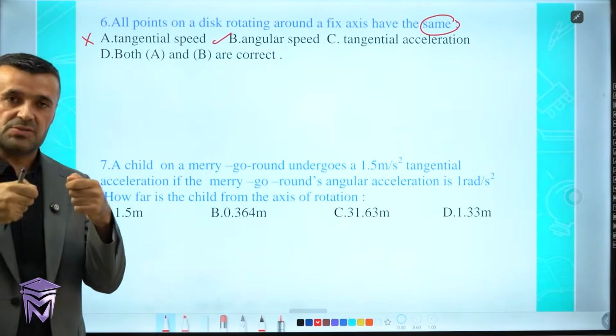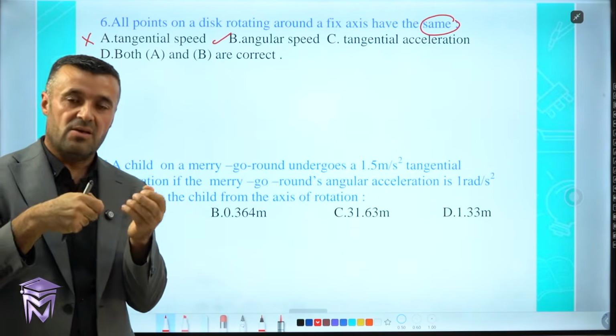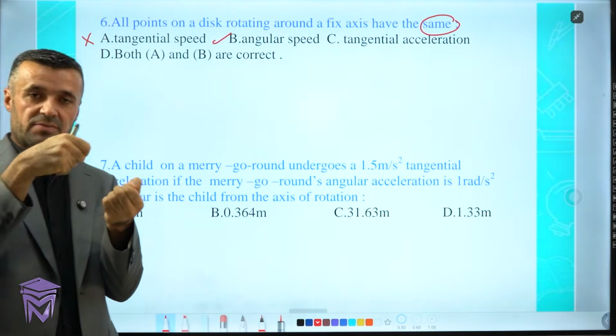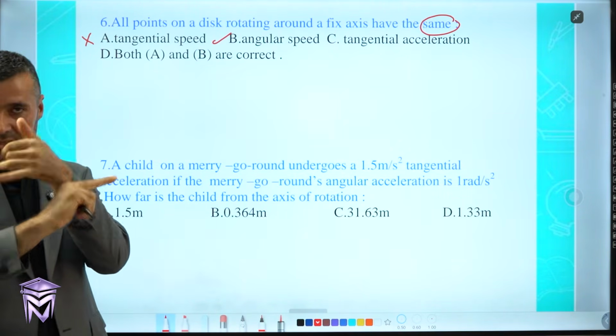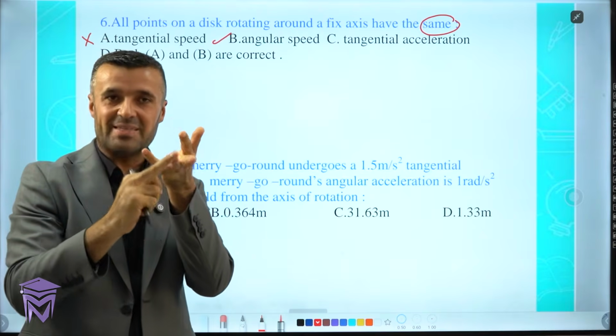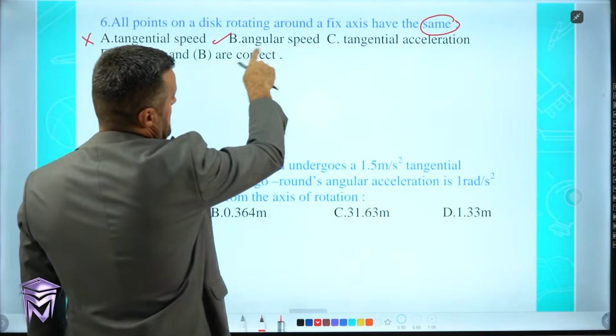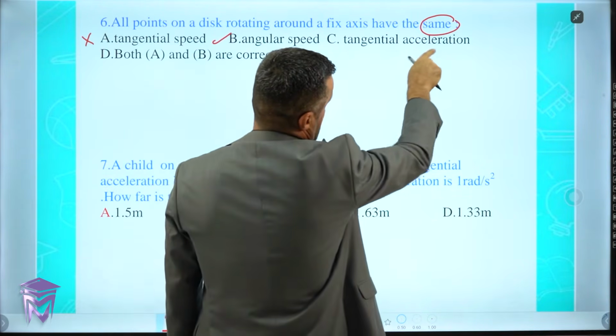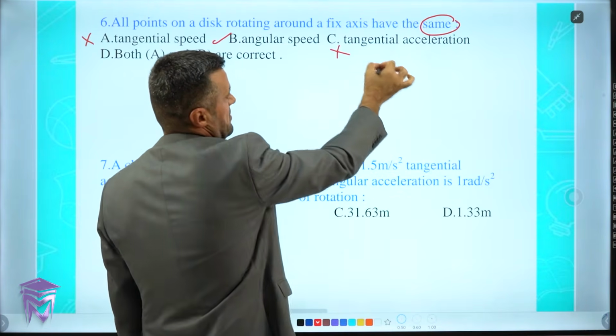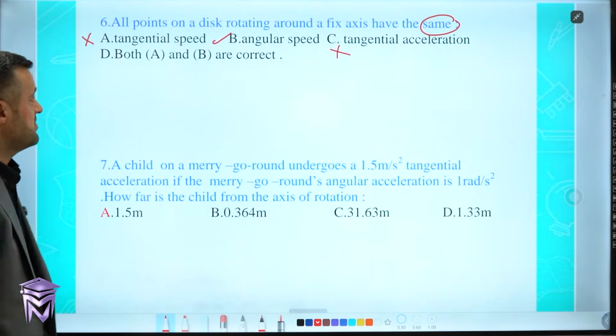Because when an object is rotated about an axis, all different points on the surface of the object have the same angular speed, angular displacement, and angular acceleration. Angular speed is correct. Tangential acceleration is incorrect because it is different at different points.